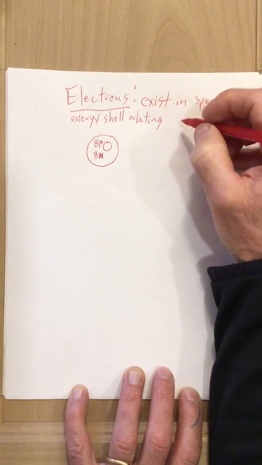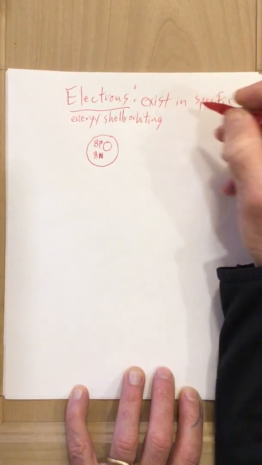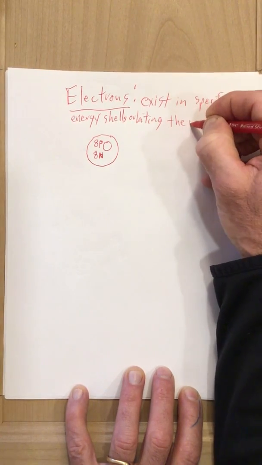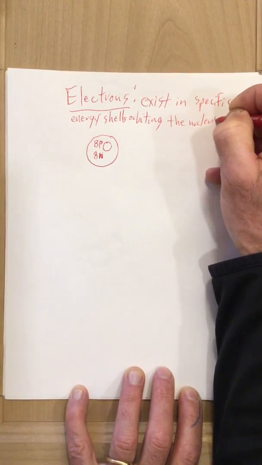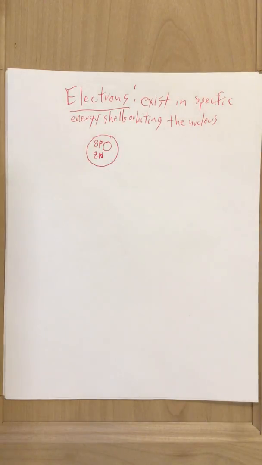They exist in specific energy shells orbiting the nucleus. Okay? So what I'm going to have you always do is make a nucleus neutral by putting the same number of protons and electrons, and then we're going to look at it and determine overall what that atom's going to do once you have it neutral.